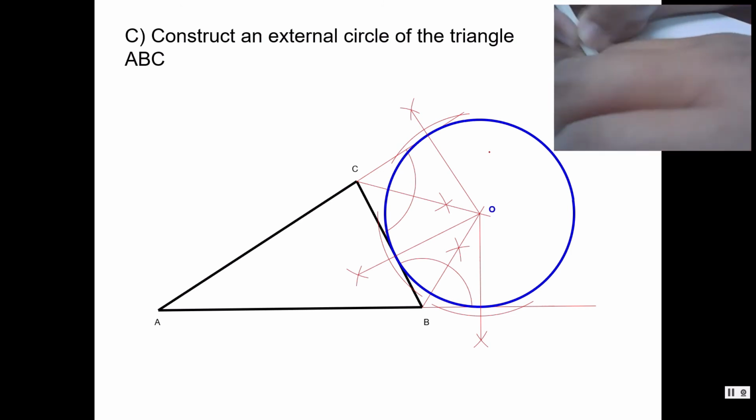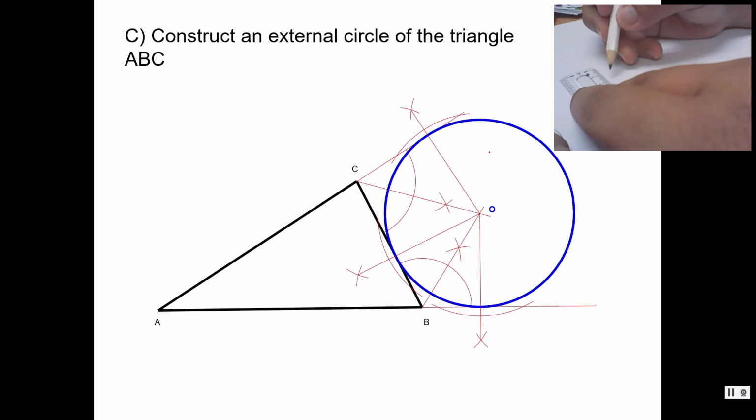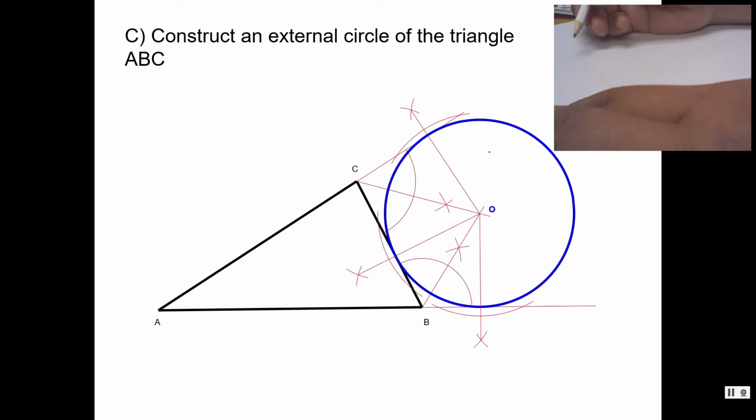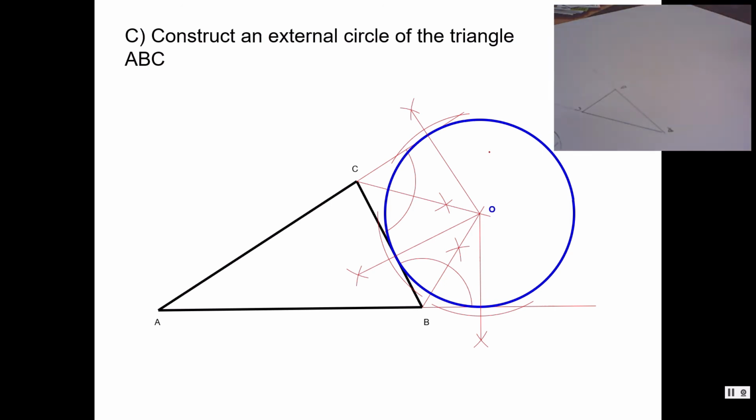I'm just going to draw a circle like this, A, B, and C. Make sure the circle will touch the line between B and C. So the first thing you need to do is to extend the line from B here, and then from C, and then we will do some bisecting of this line to get the center point. It's the same thing that we always do.